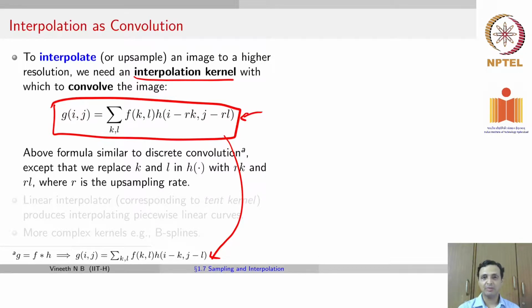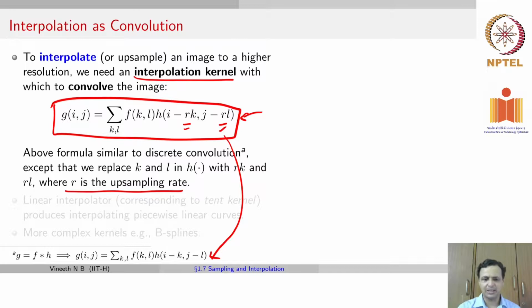If you observe carefully, the main difference between these two expressions is the quantity r that's multiplying k and l, and r is what we call the upsampling rate. So if you want to double your image, your r is 2. If you want to quadruple the size of your image, remember we are doing upsampling, r is going to be 4, and so forth. Let's try to understand how this actually works.